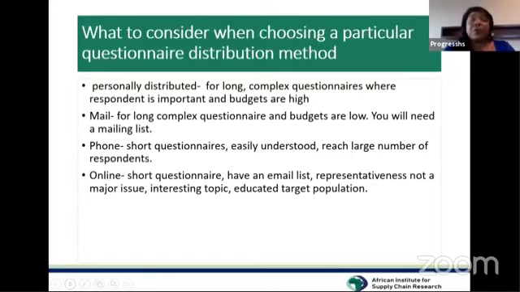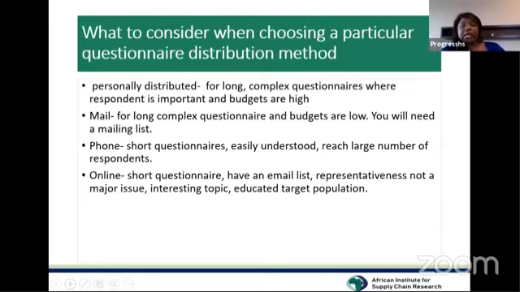In the event that your questionnaire is so long and complex enough that respondents would require your presence or the presence of your well-trained research assistants so that they can clarify certain difficult statements or questions, and if your budget allows you to do the traveling, then go for personal, physical distribution of these questionnaires.